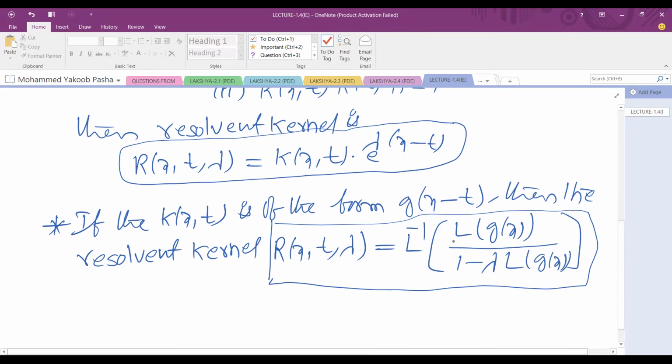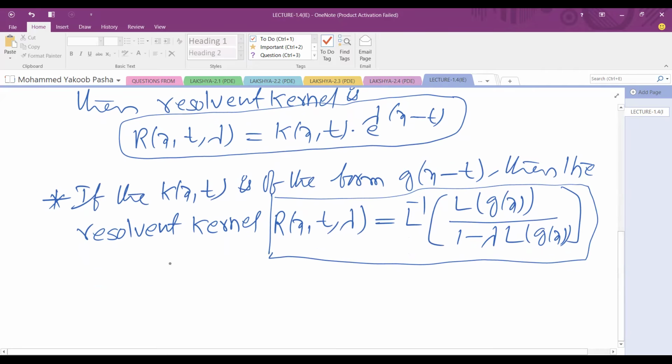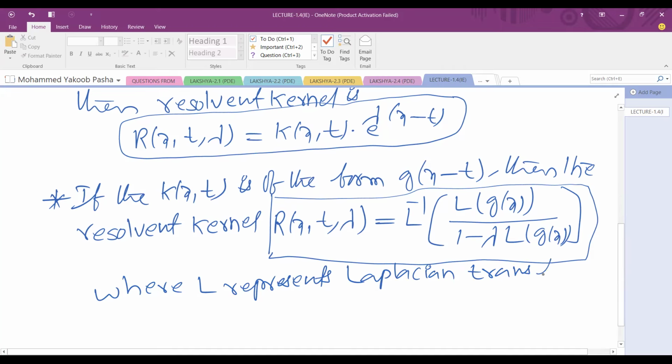Here L means the Laplace transform operator. We need to know the formulas of the Laplace transform of g of x and some inverse Laplace formulas.